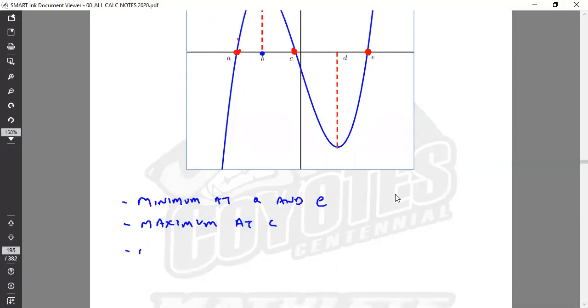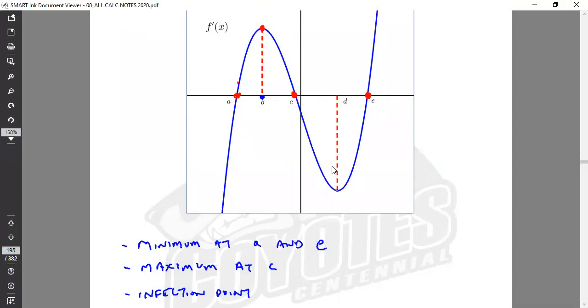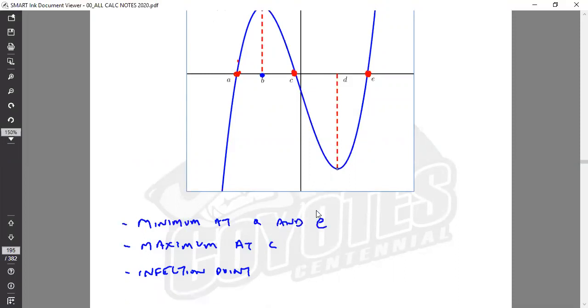We have an inflection point because our first derivative is going from increasing to decreasing, which means our second derivative is going to go from positive to negative. It's going to go through that point there, and we have an inflection point at B, and then the same thing at D. So we have an inflection point at D on our original graph, right? Because our first derivative is flat at D, which means our second derivative will be 0 at D.